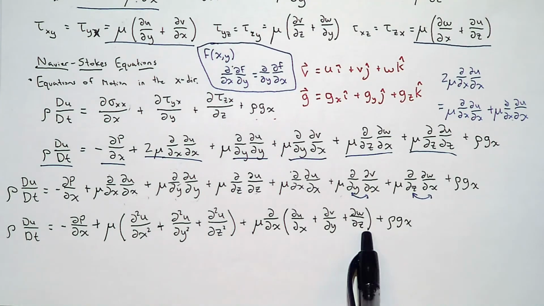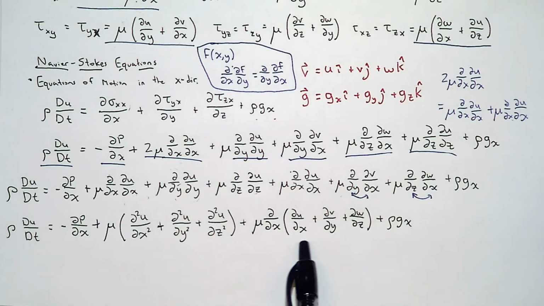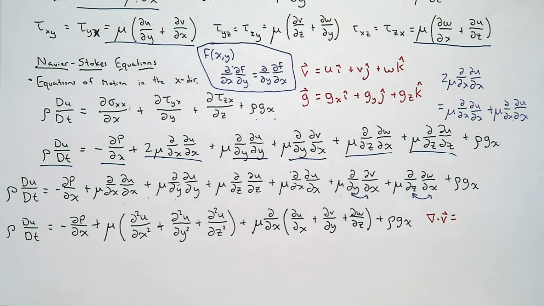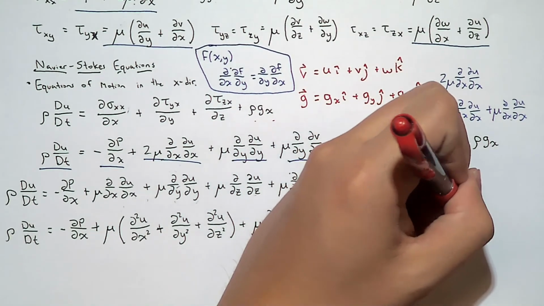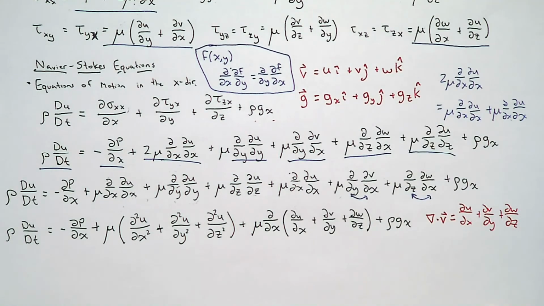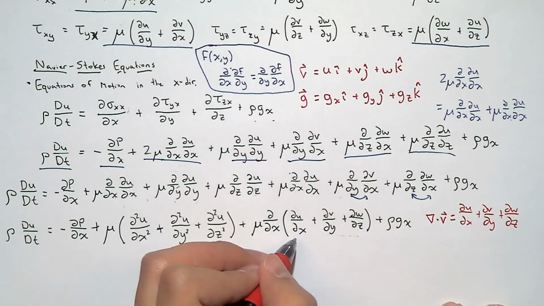Has anybody seen this before somewhere? The divergence, right? The divergence of the velocity. Remember that del dot v is actually equal to dou u dou x plus dou v dou y plus dou w dou z. So we actually have the divergence of the velocity field, and it's actually right here in front of us. Okay?